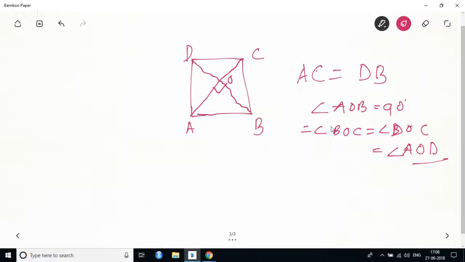Now, how do you prove that this is a square? What we need to do? We need to prove two things. First, we need to prove that this side and this side are equal. Why am I proving AD and AB are equal, or AB and BC are equal? Because it has already been given that it is a parallelogram.